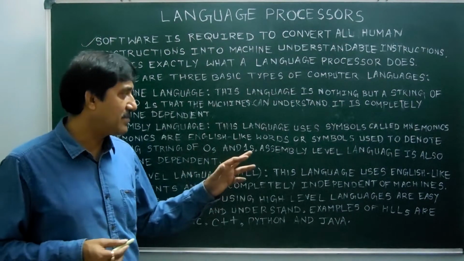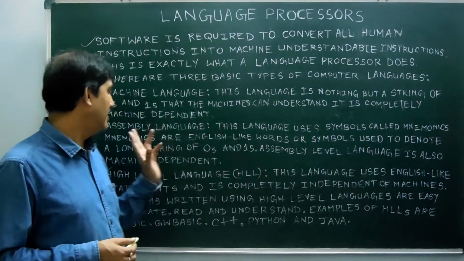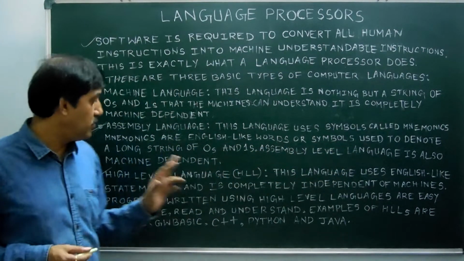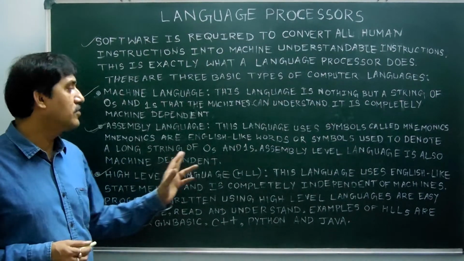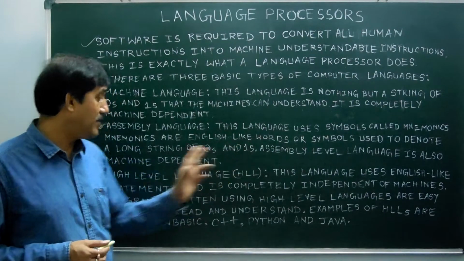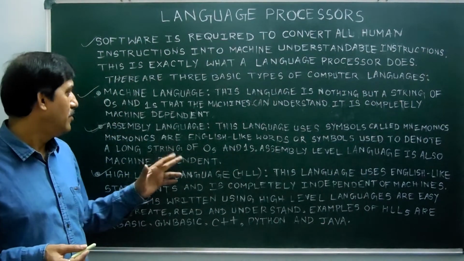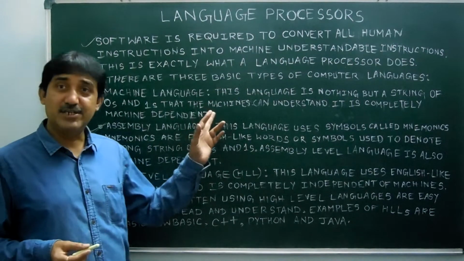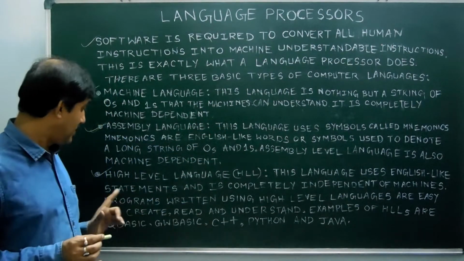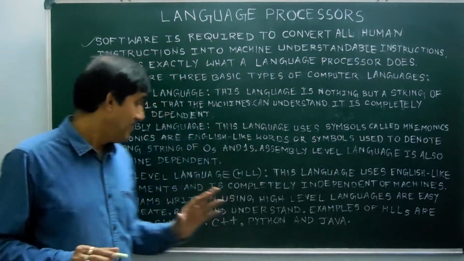You will be using mnemonics in assembly language, or symbols used to denote a long string of zeros and ones, as I told. Assembly language is also machine dependent. Both of these are machine dependent, but high-level language is not machine dependent. You get it?